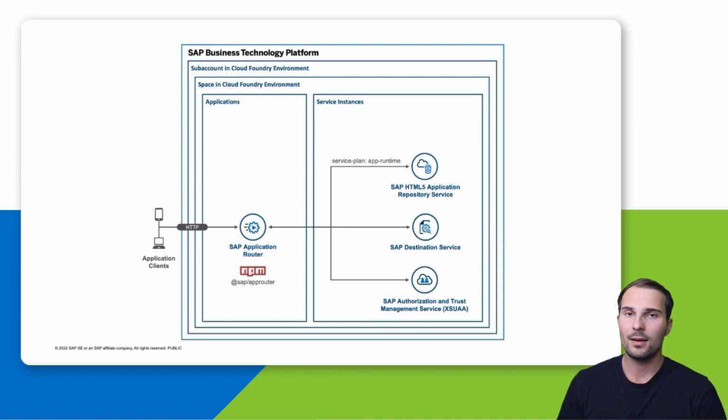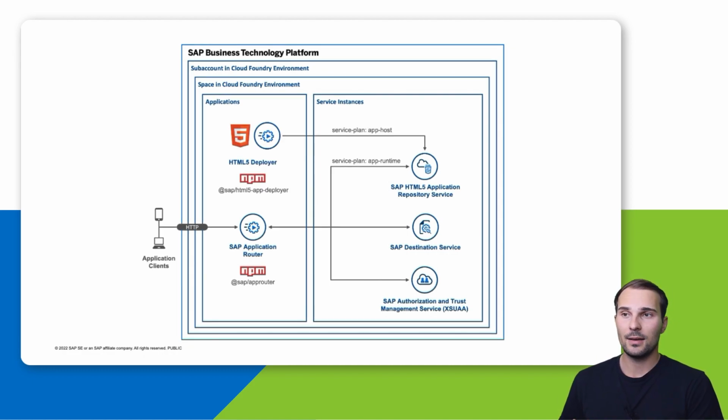But so far we haven't created any front-end application in this architecture here. We just have the Approuter that routes the user perhaps to a front-end application, but that hasn't been defined yet. So we are also going to build a front-end application and use the HTML5 app deployer, which is an NPM package, just like the Approuter, by the way.